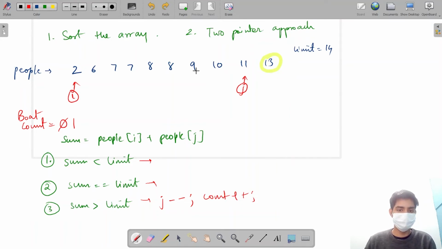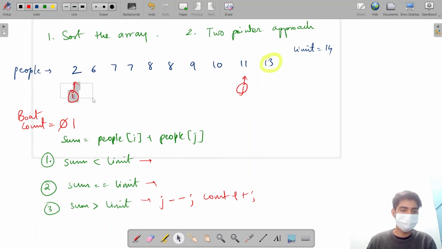Now we have i and j again. i and j are 2 and 11, which gives me 13, which means that these two people can go together on the boat. 11 and 2 can pair up and they can go together on the boat.